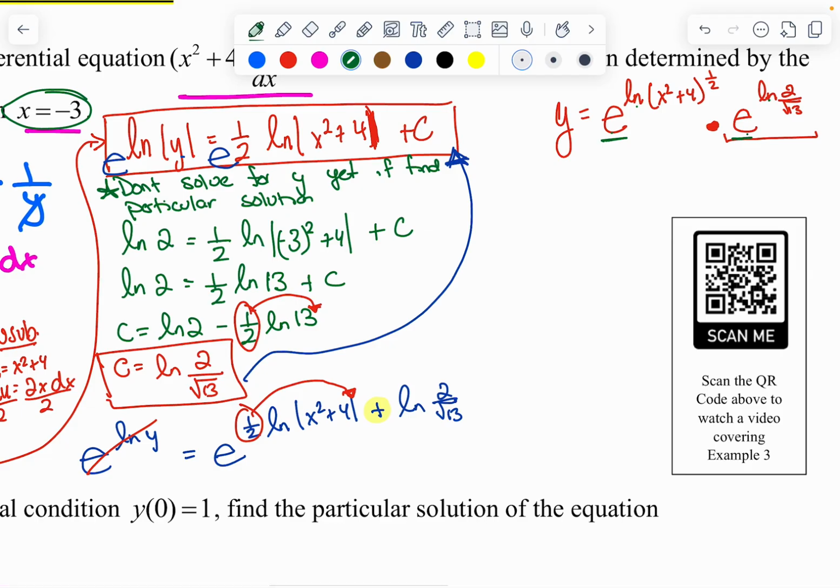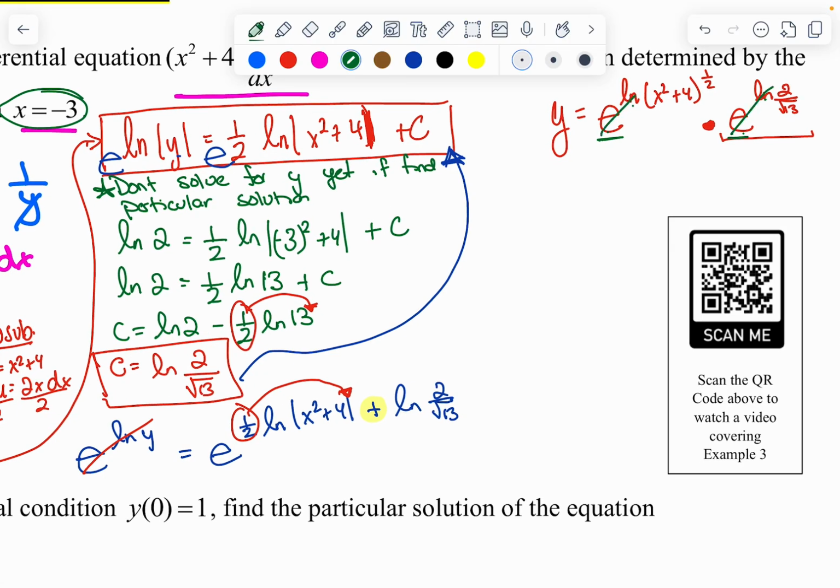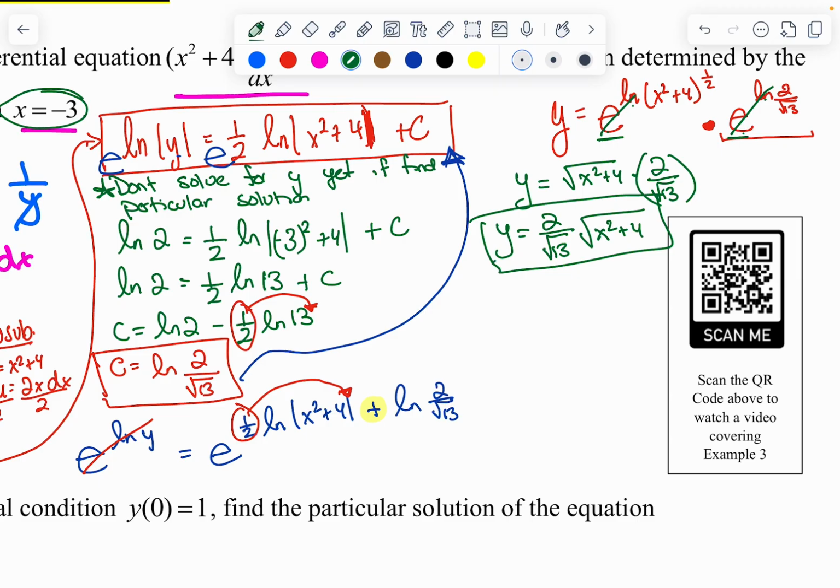Well, just like before, this actually does cancel out on this side, and you're left with just the square root of x squared plus 4 times 2 over square root of 13. Or better yet, 2 over square root of 13, because that's just a coefficient, is times the square root of x squared plus 4. And there we go. There's our particular solution. Most of it, if you noticed, was algebra.